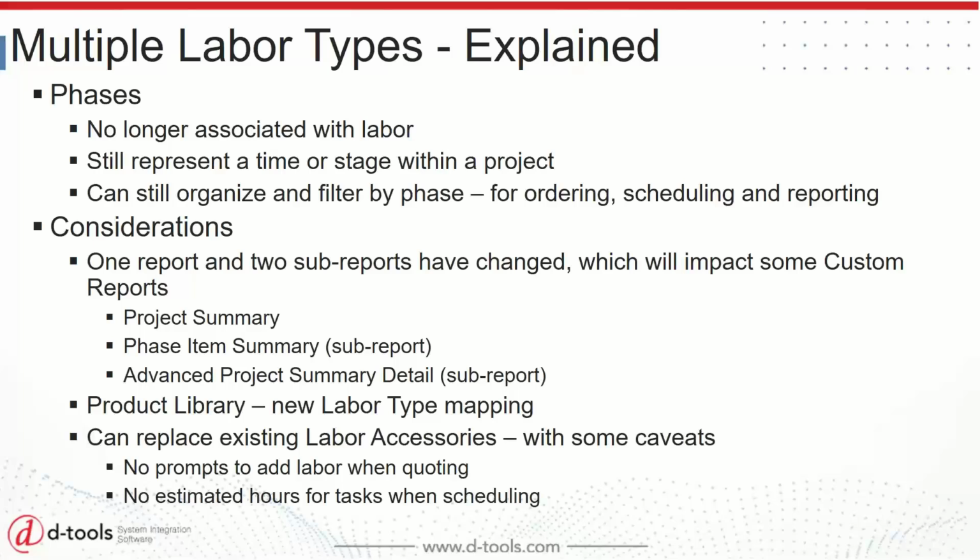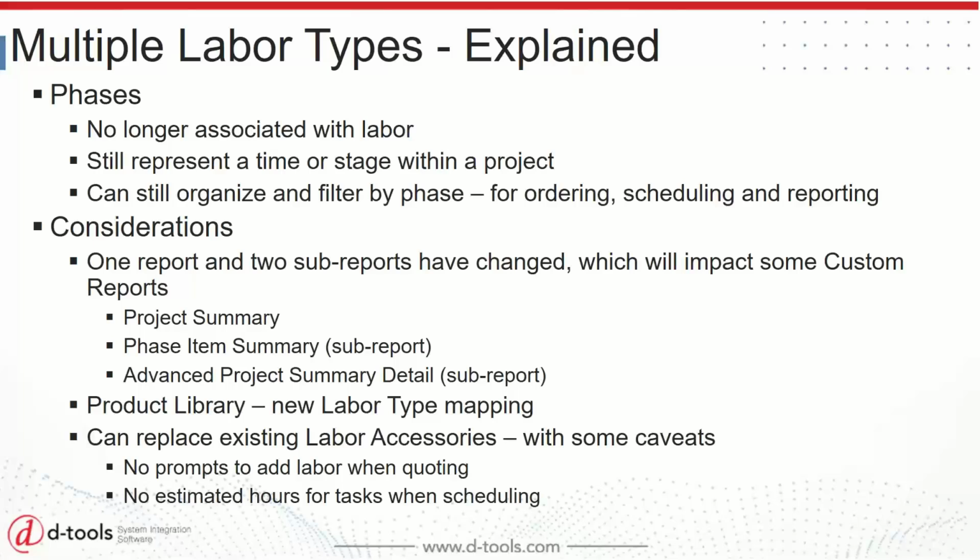Maybe if you were changing, say, the color or the background color or something like that. It could be graphical changes, but there were a lot of changes made in SI, let's put it that way, regarding the switch from a single phase hours for a product to multiple labor types and hours per product.